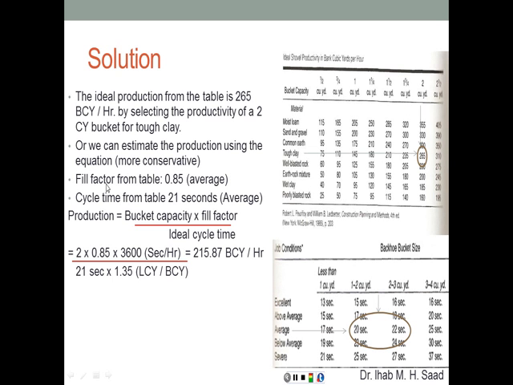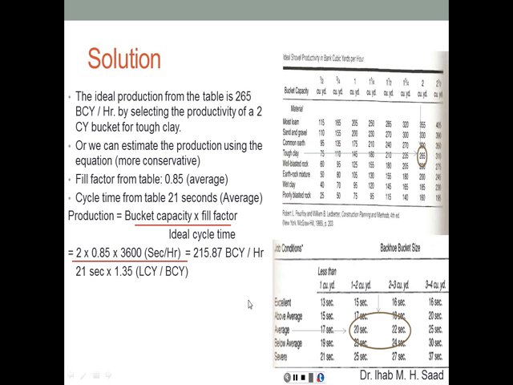The fill factor from the table is 0.85 for that type of soil, which is an average between 0.8 and 0.9. The cycle time from the table is about 21 seconds. Again, that's an average because for 1 to 2 cubic yards it is 20 seconds, and for 2 to 3 cubic yards it is 22 seconds.